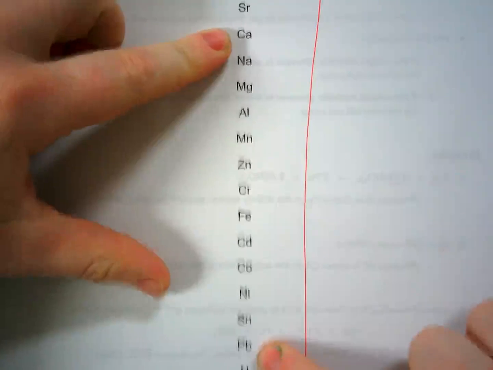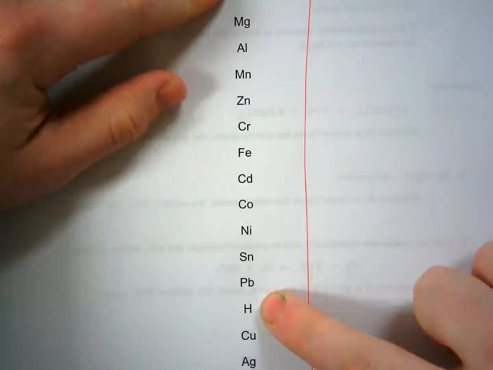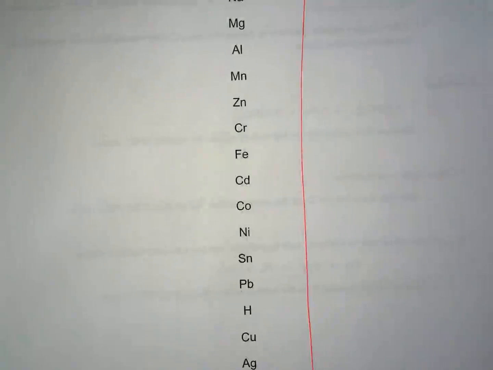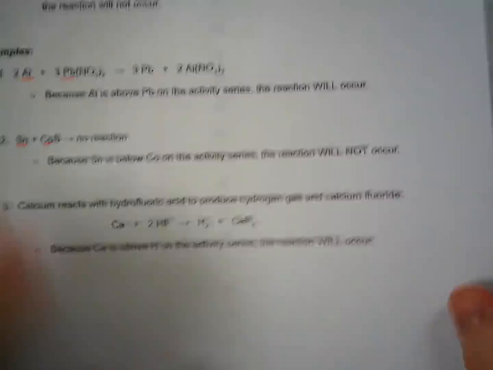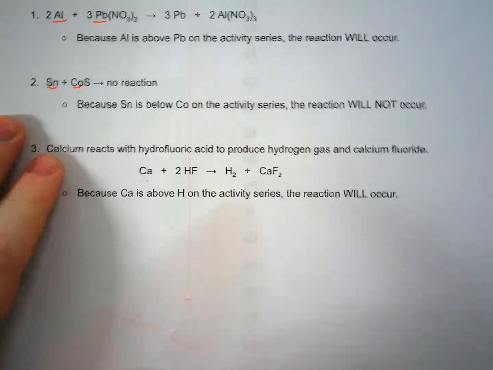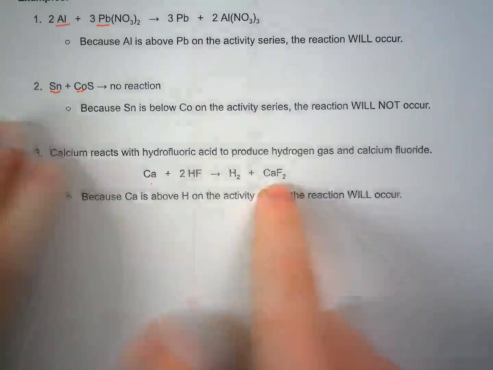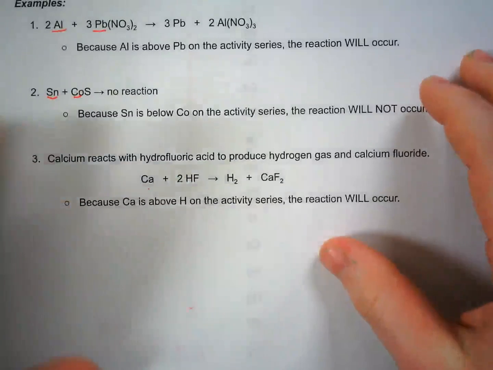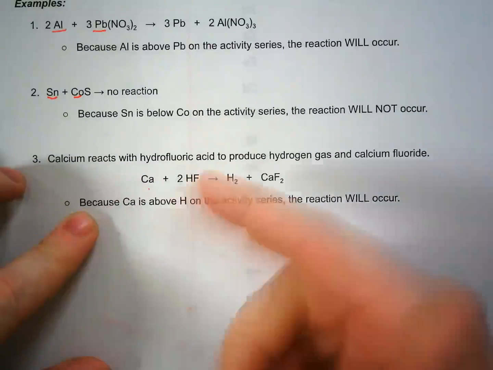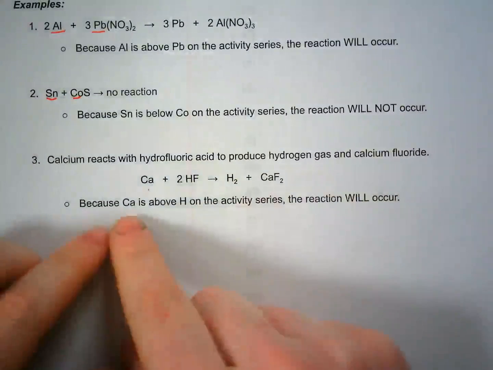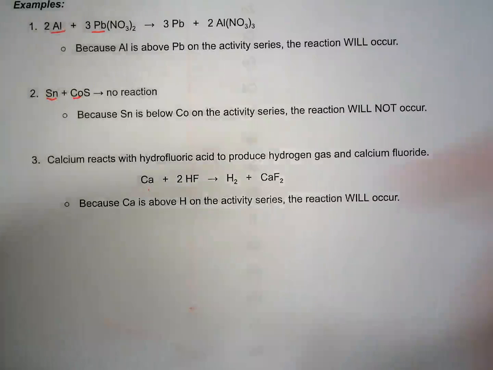Yeah, all the way underneath lead, there's hydrogen. So because calcium is above hydrogen, 100% this will happen. And if I didn't already balance my equation, I would then take the time to balance out my equation. And if I were to ask you to explain, you'd say, because calcium is above hydrogen in the activity series, we're going to have a reaction.